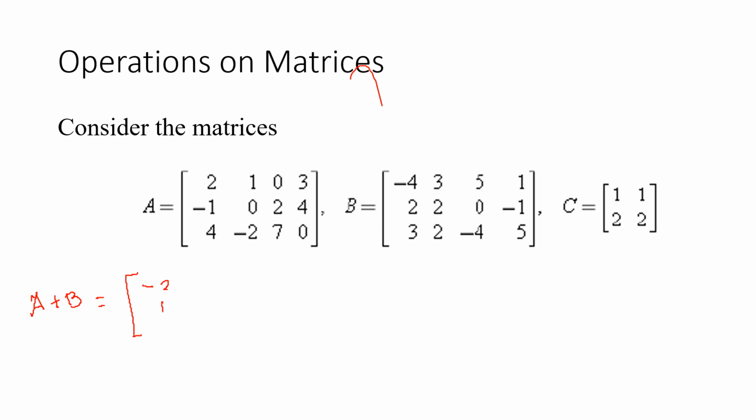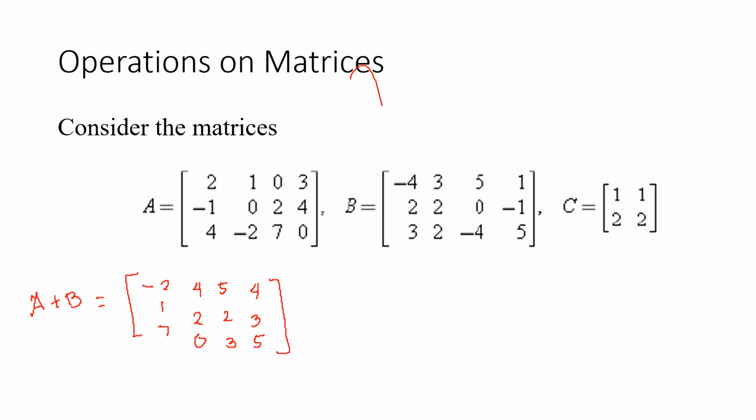Then you have 4 plus 3 is 7, and so on. Let's just write that one immediately. So you have 4, 5, 4. Here you have 2, 2, 3. And you have 0, 3, 5.